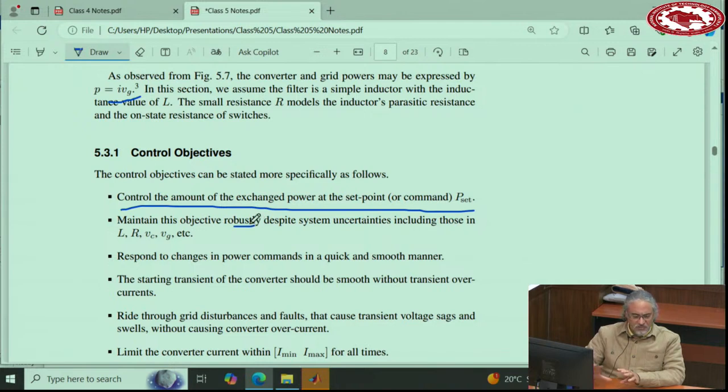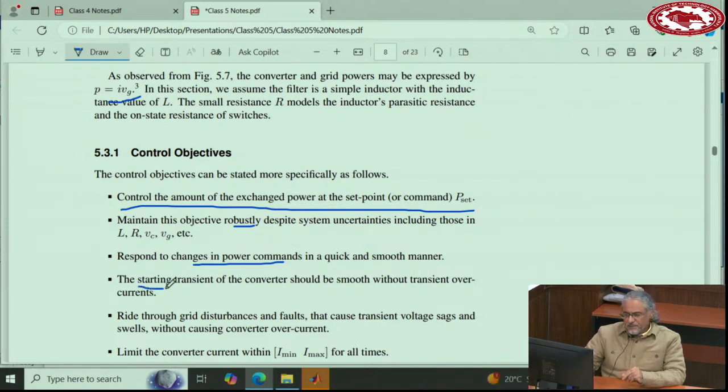Robustly means if parameters or variables in the system change, disturbances or parameters, L, R, VC, VG, the control must be robust. And when you apply a command, let's say you are operating at 10 kilowatt, you want to suddenly decrease the power to 9 kilowatt. It should respond quickly without oscillation. That's a good tracking.